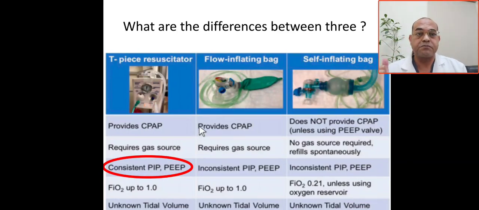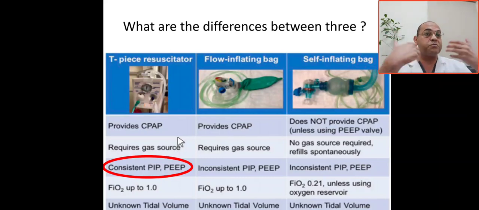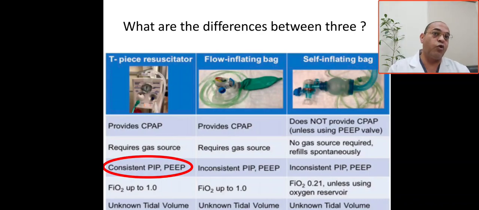We'll see here. The first differentiating point is providing CPAP. For example, I have a premature baby with heart rate more than 100, breathing spontaneously, but the problem is labored, difficult breathing. So I have to give him CPAP. All will give CPAP except the self-inflating bag. The T-piece resuscitator or the Neopuff and the flow-inflating bag will provide CPAP.